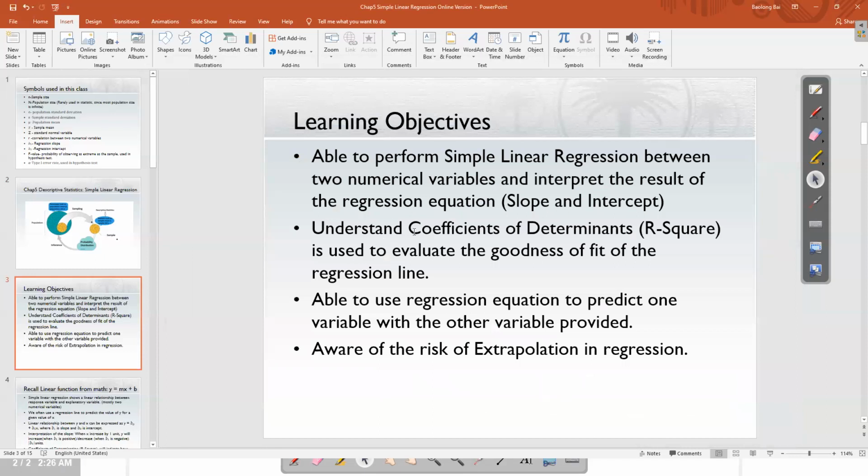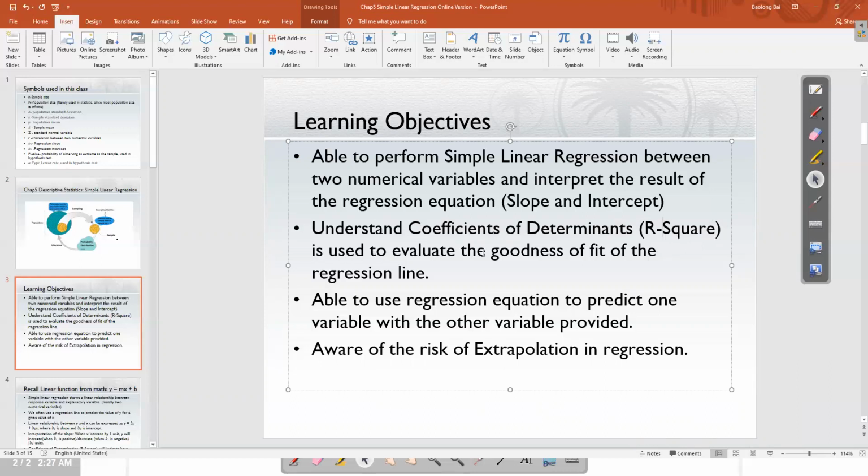So we use a measure called the coefficient of determination, okay? This measure has a common name, and the common name is used a lot more often than the official name. It's called R square instead, right? So most of the time we use R square.